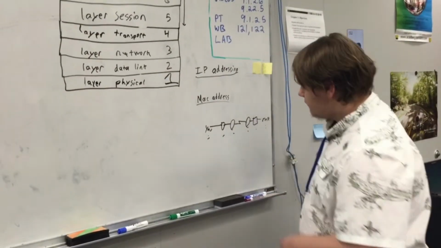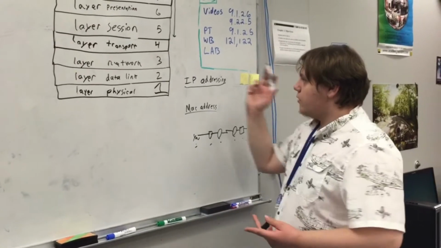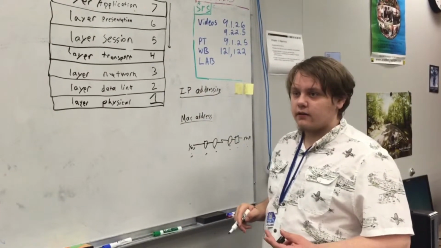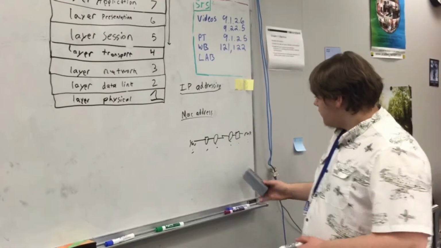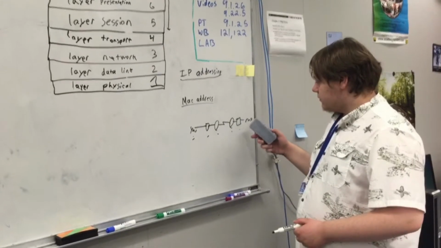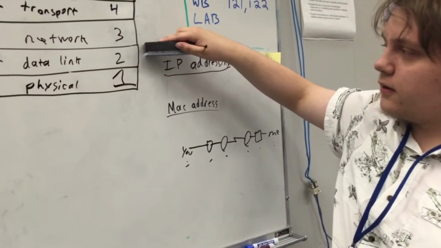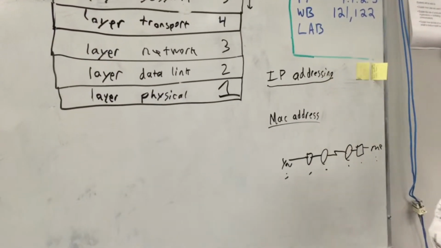Now, what does that mean, you ask? That means that once I know my final destination, my next destination, I can send it. So it turns from, like I said, logical data all the way down to right here, in between middle of layer 2, which we will get to in a few videos.